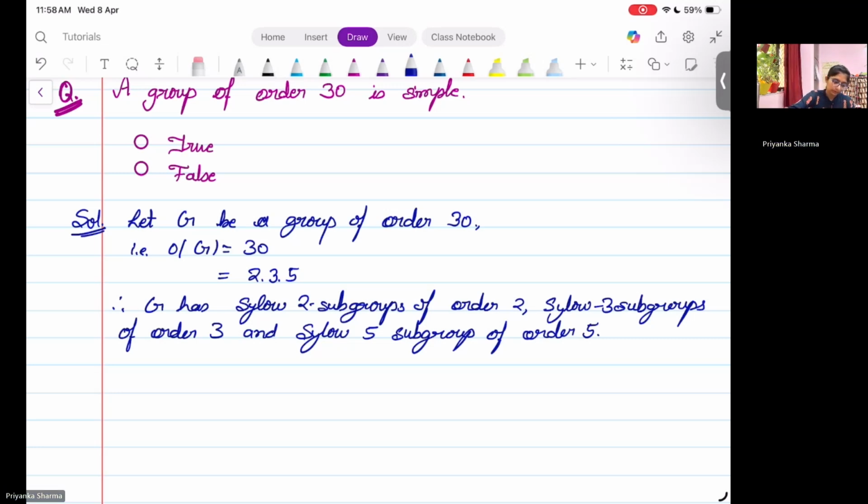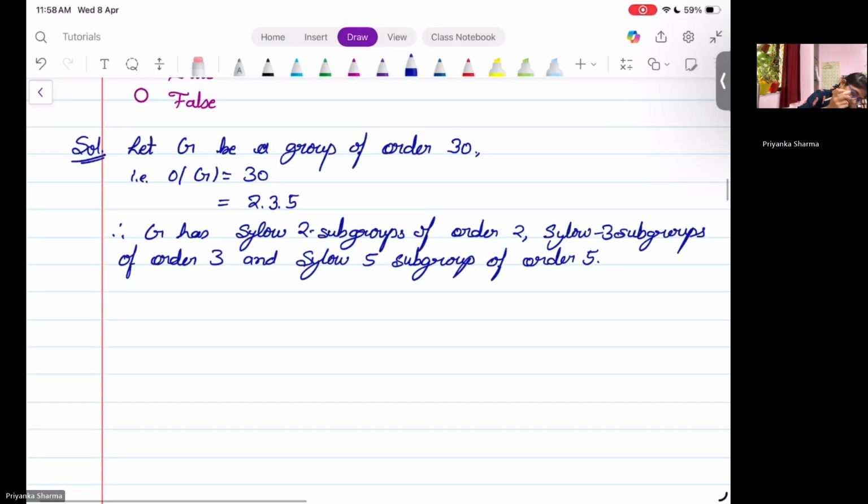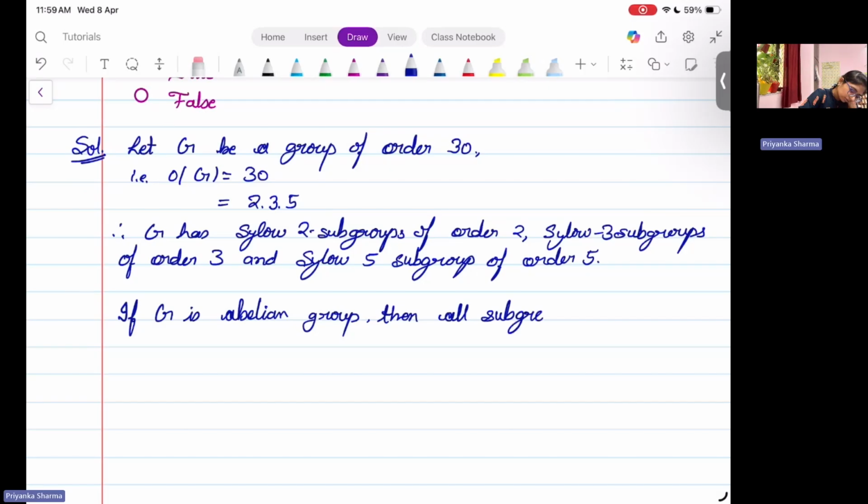Now, one thing: if G is an abelian group, then all subgroups of G will be normal.